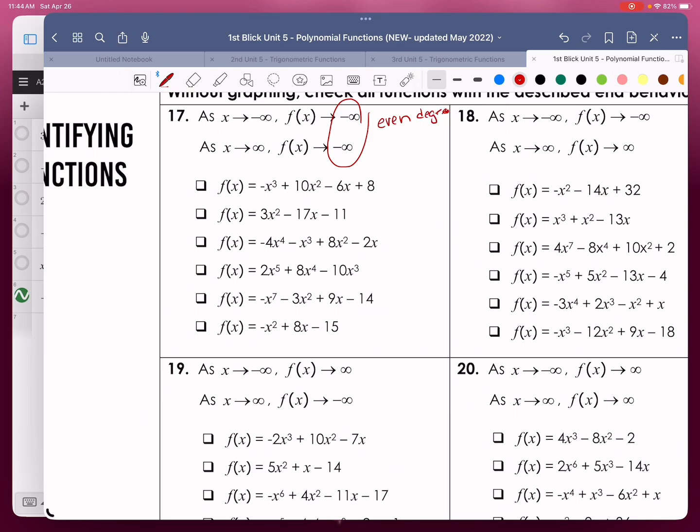And since they're both negative, that tells you it's going to be a negative coefficient. All right, so what would that be possible for? Well, this one right here has an even degree of 4 and a negative coefficient. And this one here has an even degree and a negative coefficient. So those are going to be the two there.